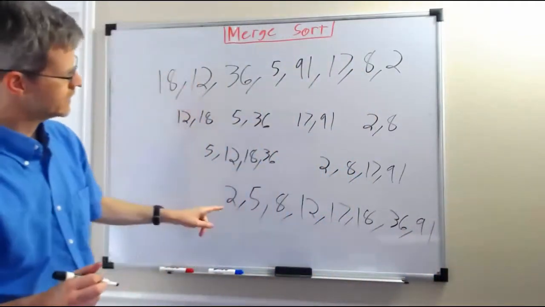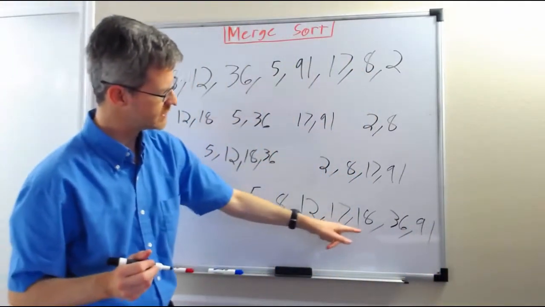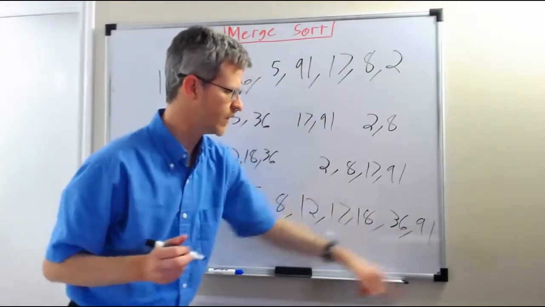So our sorted list is 2, 5, 8, 12, 17, 18, 36, and 91.